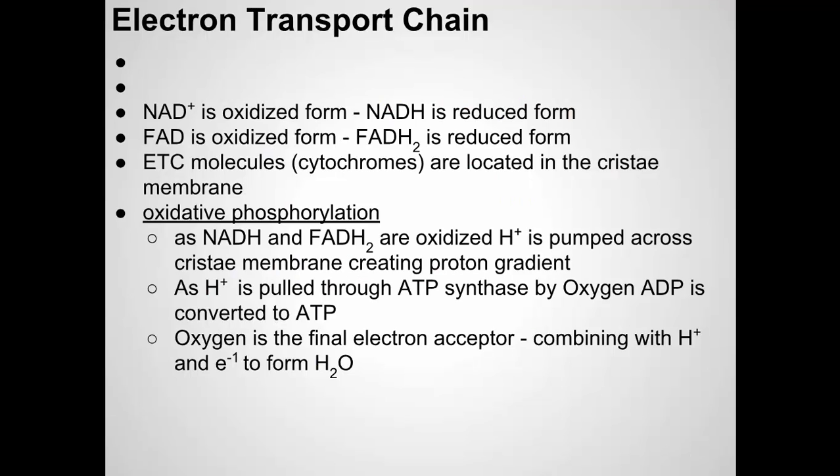So all of those electrons that have been harvested by NADH, by FADH2, are being brought over to an electron transport chain which functions just like it did in photosynthesis. The electron transport chain uses this process to produce 32 molecules of ATP through a series of redox reactions, oxidation reduction reactions.